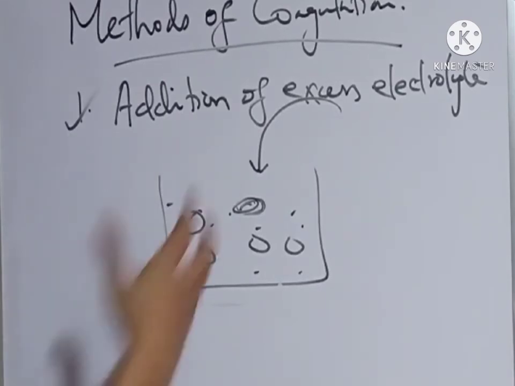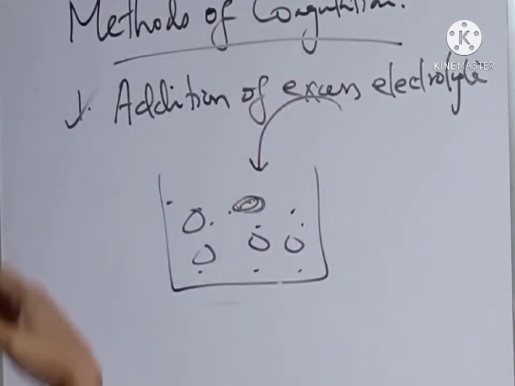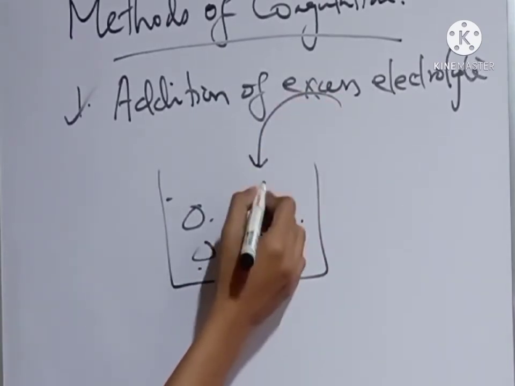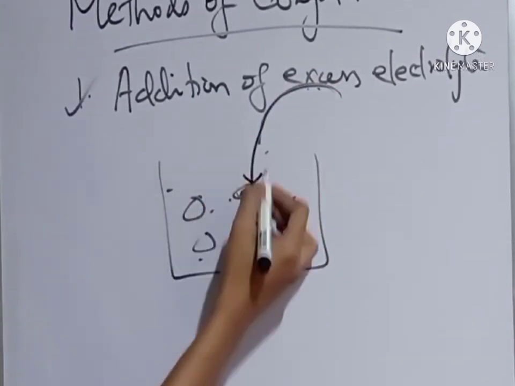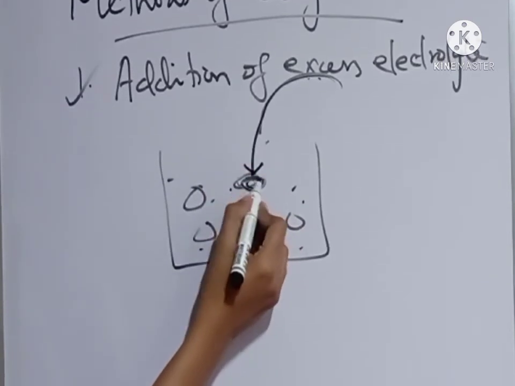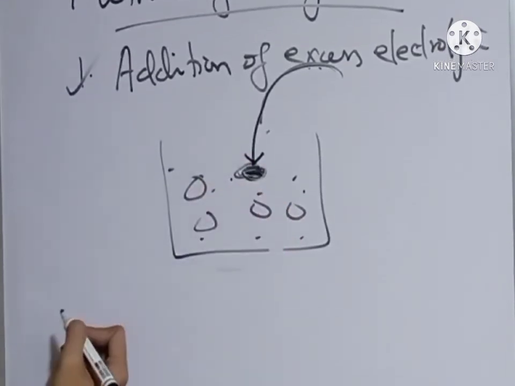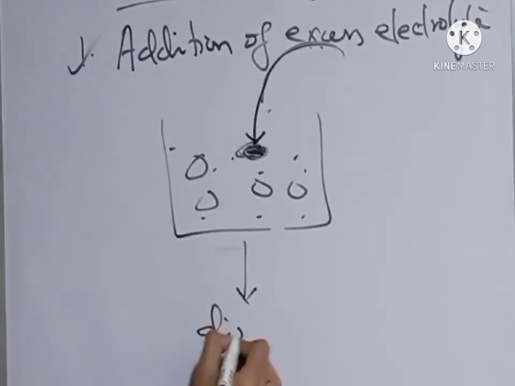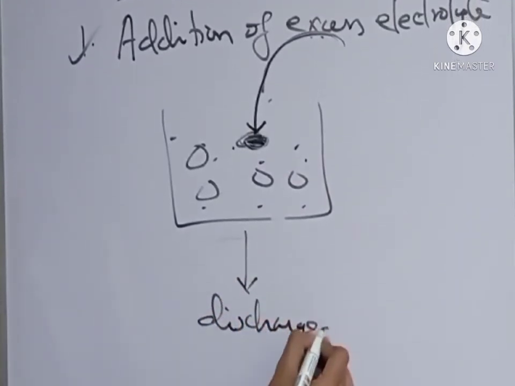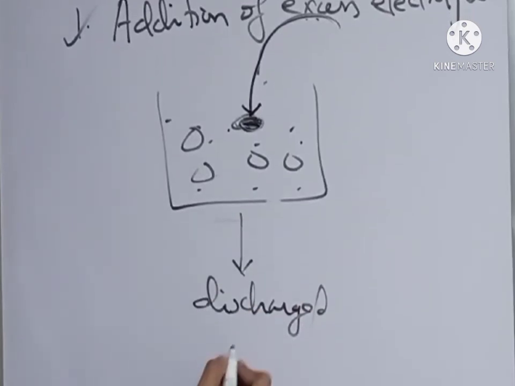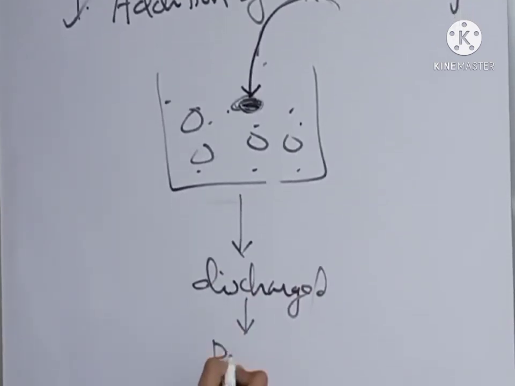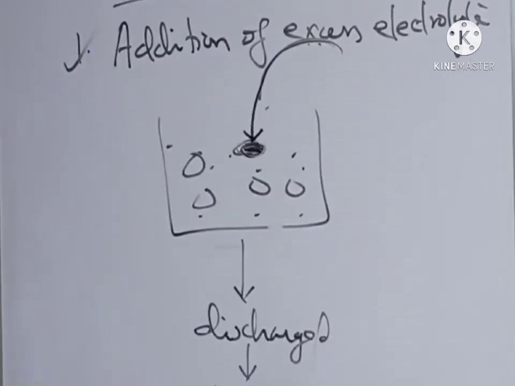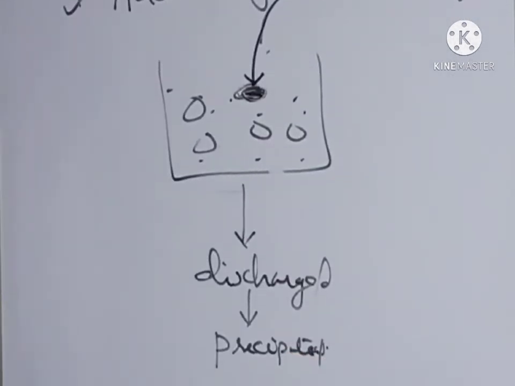So the oppositely charged electrolyte particles will interact with the colloidal particles, which get discharged, coagulate and precipitate.